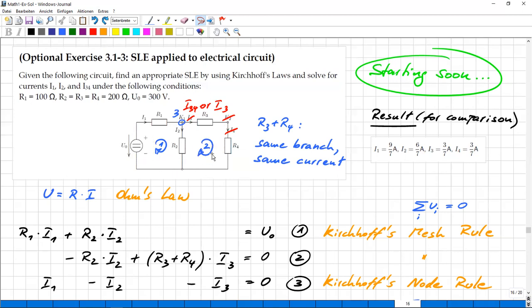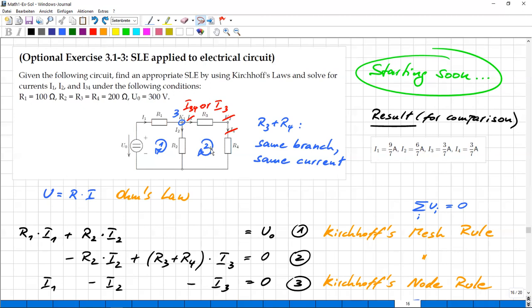And it turns out that to set up a complete system of linear equations to solve this exercise, which means to calculate all the different currents in this circuit, you have to set up exactly one equation for each elementary mesh. Sometimes there are some problems with elementary meshes, and then it's also allowed to use, for example, a combined mesh, but then instead of one of the elementary meshes.